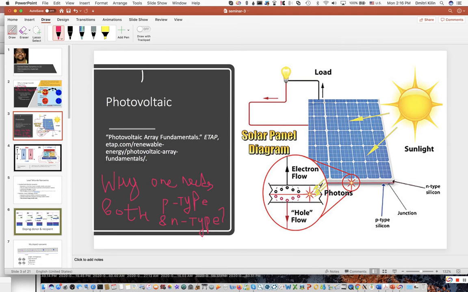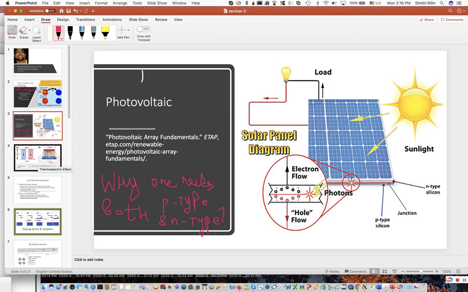It's the one that's giving the electron, and your P-type is the material that's accepting the electron the N-type is giving. So the electron flows from the N-type, which is donating the electron, to the P-type, which is accepting the electron. So you need both N-types and P-types because you need an electron donor and acceptor respectively. Okay, good. Please keep going.